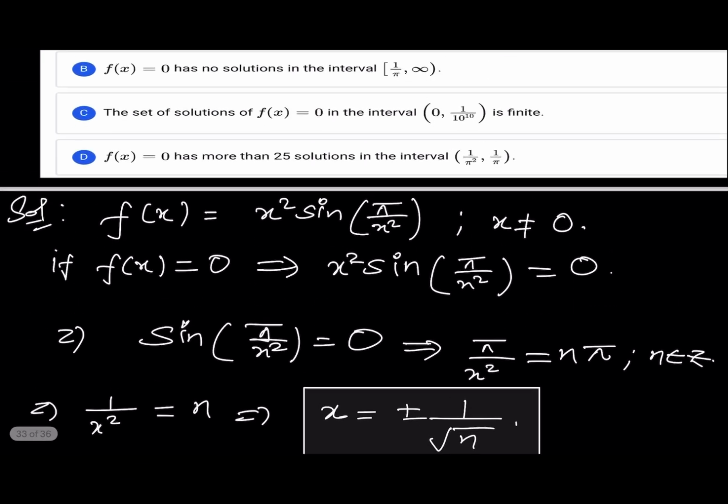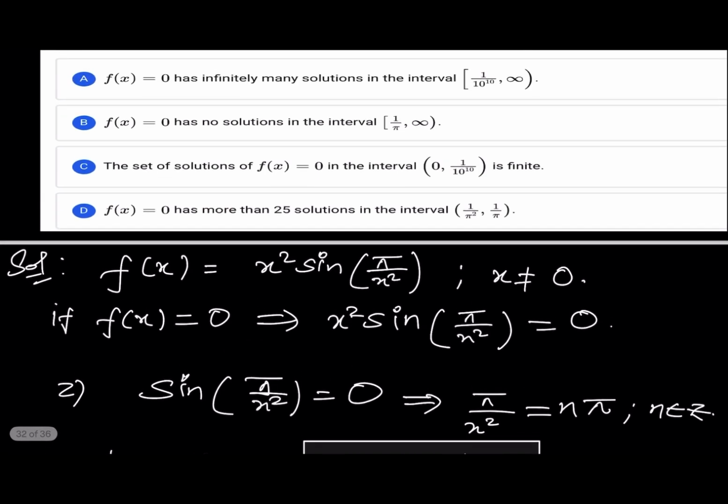Now let us proceed according to the question. Option A says f(x) equal to 0 has infinitely many solutions in the interval closed 1/10^10 to infinity.